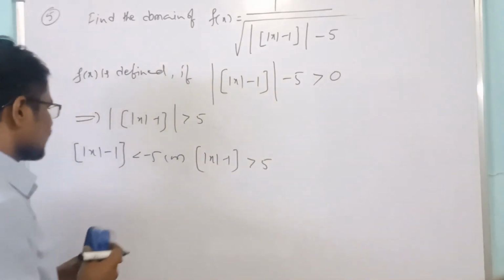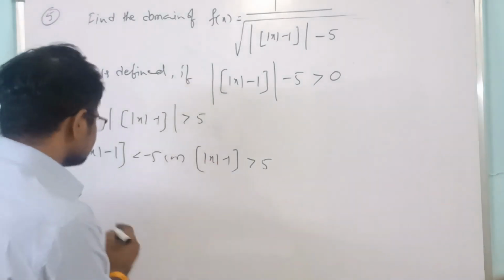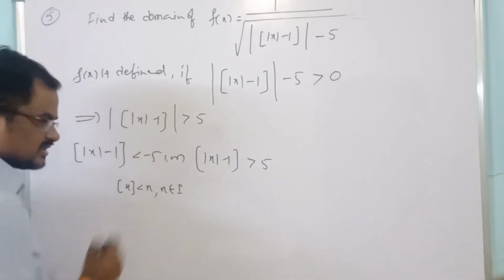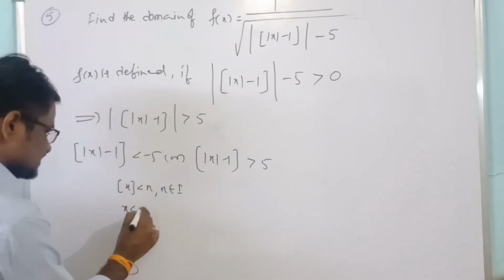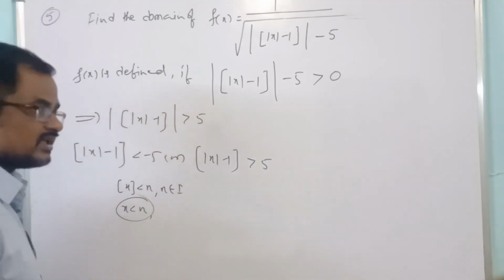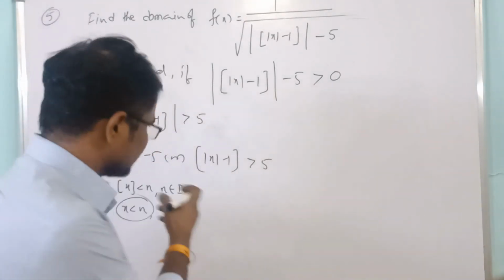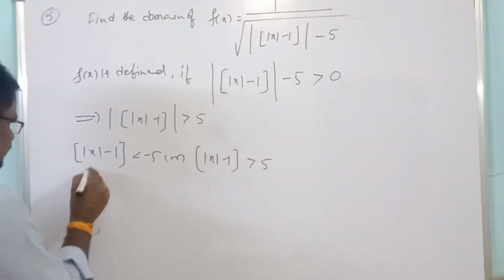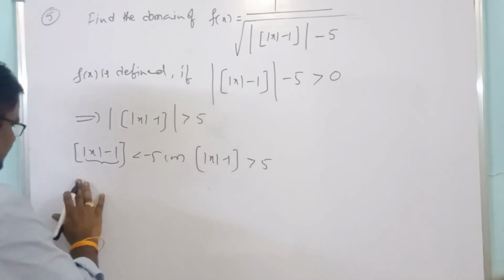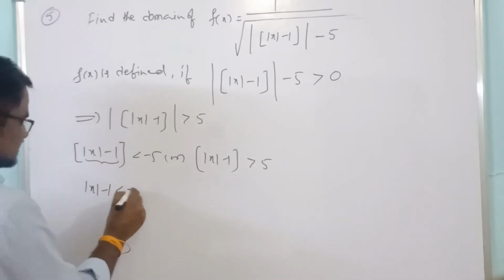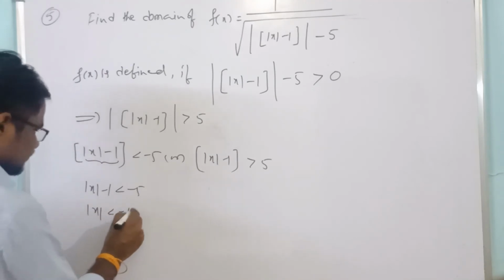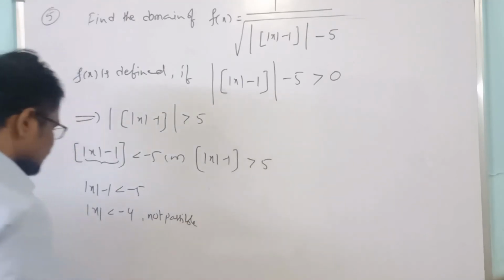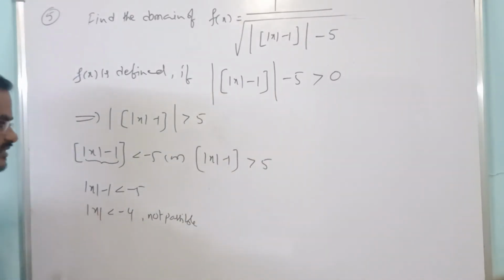Now, we know that greatest integer of x less than n, where n belongs to integers, you can write x less than n. We learned this in the properties of the greatest integer function. So by this condition, modulus of x minus 1 less than minus 5, so mod x less than minus 4, it is not possible, right? Because mod x is non-negative, and here it is negative.